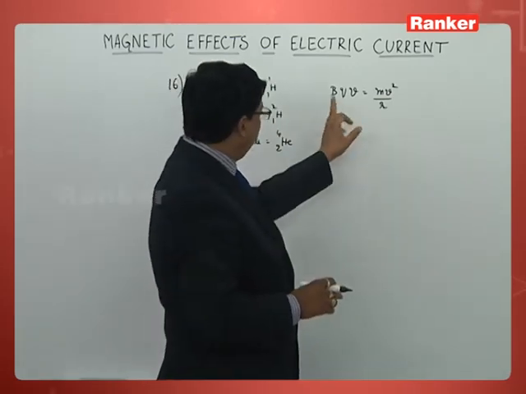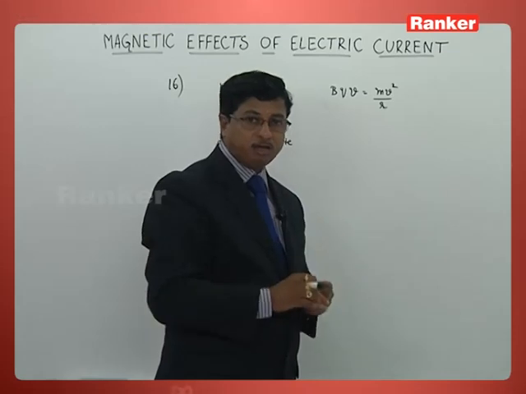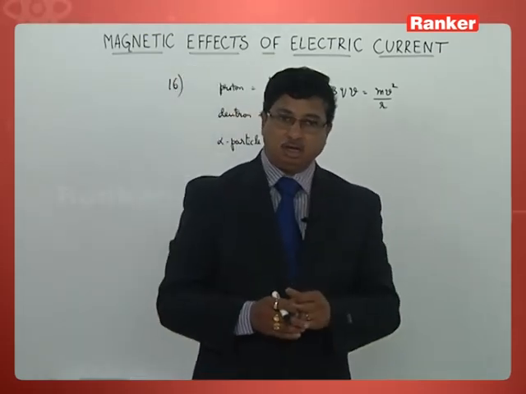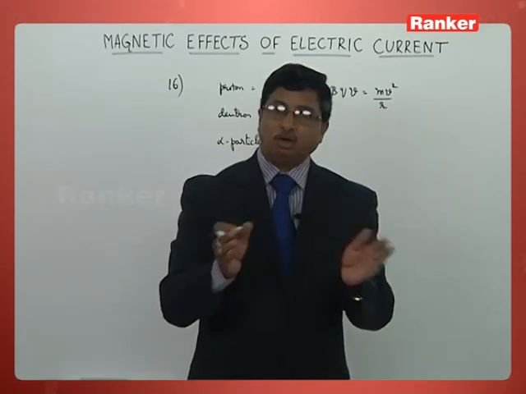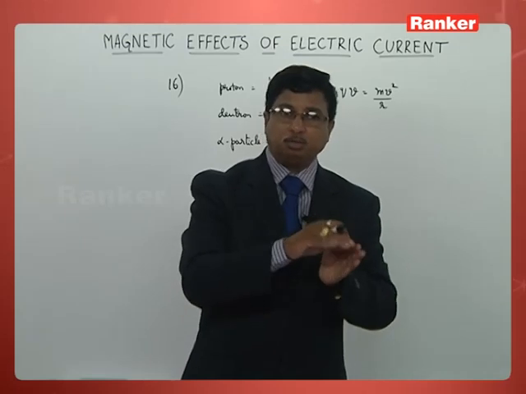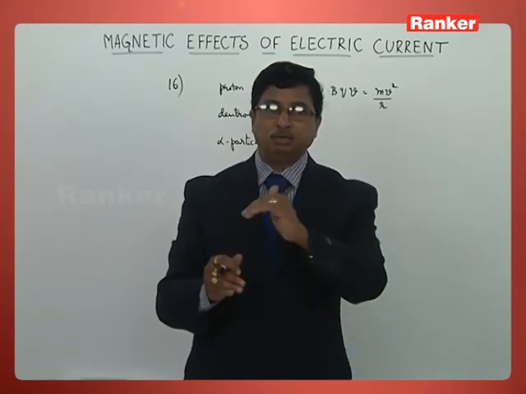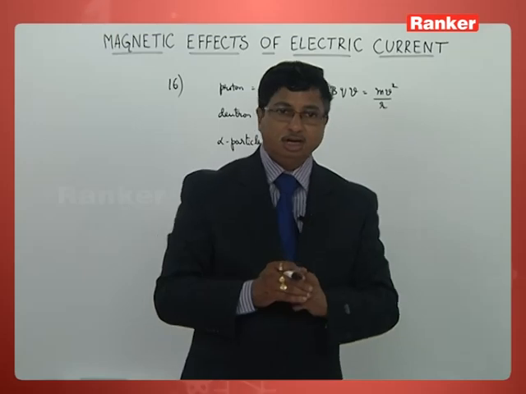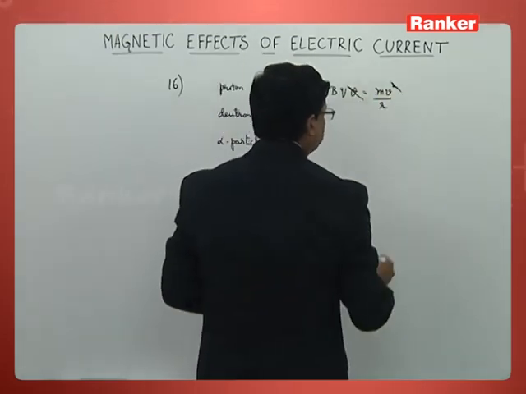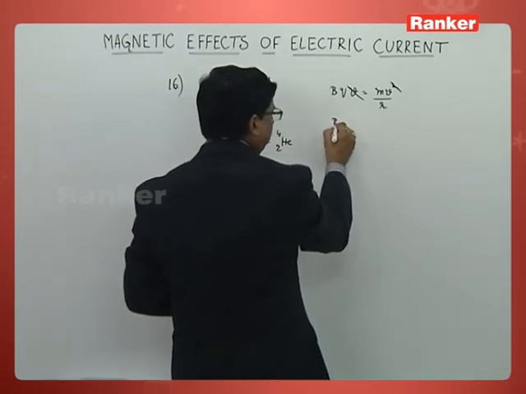So the centripetal force caused by the magnetic field and the centrifugal force acting on the same particle, as long as these two are equal, there is no problem for the particle to continue its motion along the same curved track. Now in this particular case, one v you can cancel. What is left over?